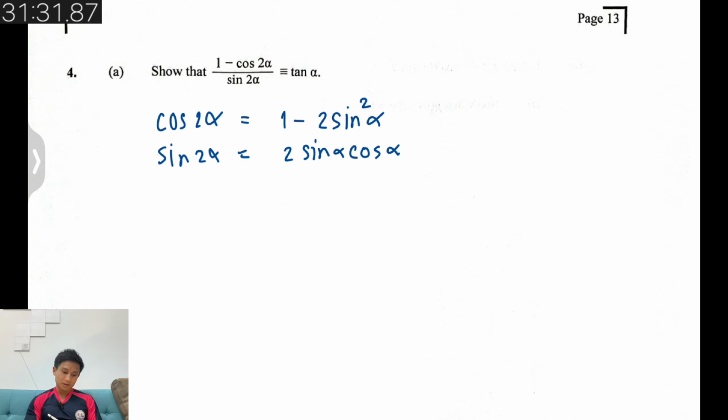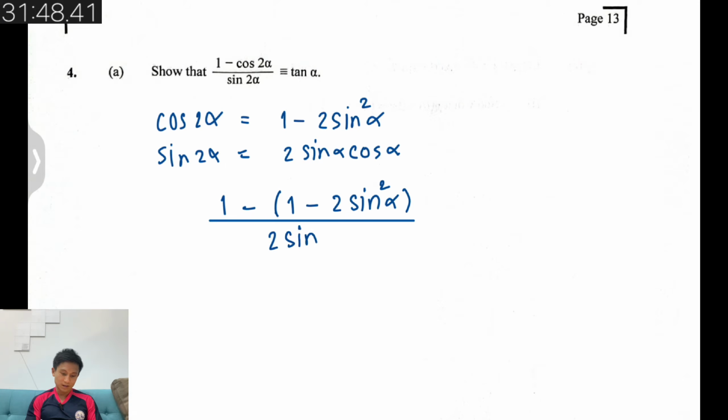So if we put everything in there, you've got to put brackets there: 1 minus 2 sine squared alpha, all divided by sine 2 alpha, which would be 2 sine alpha cos alpha. Let's see how that goes.